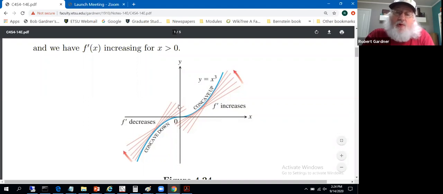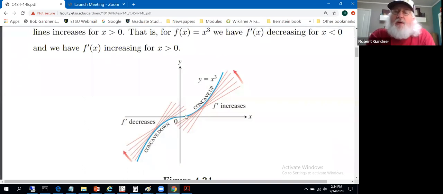Move over a little bit more, less steep, more. What happens is, as a little arrow indicates, these tangent lines sweep downward in this sense. Their slopes decrease. This end goes up, this end goes down, and the slope of the line decreases, as would be expected. And that's happening because of this particular shape of the y equals x cubed function.